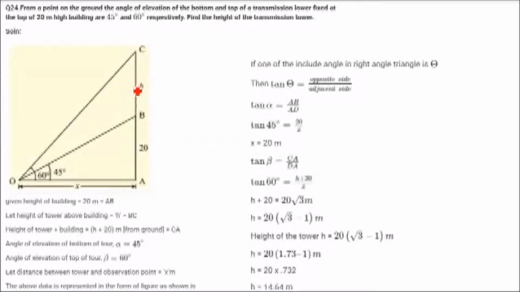From a point on the ground, the angle of elevation of the bottom and top of a transmission tower fixed on the top of a 20-meter high building is 45 degree and 60 degree. Find the height of the transmission tower.